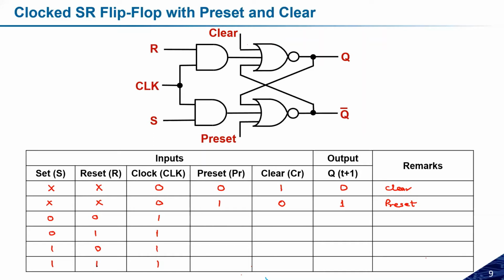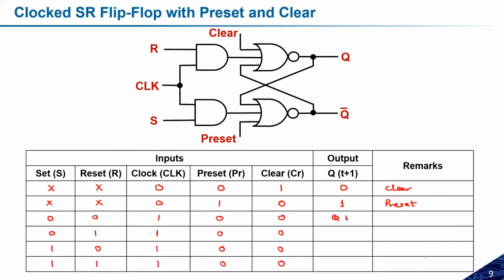So if clear and preset are both 0, they will act as a normal flip-flop, which we have already discussed, because we are already providing the logic 0 to the inputs. So if 0 0 0 is there, then the previous state will be considered.